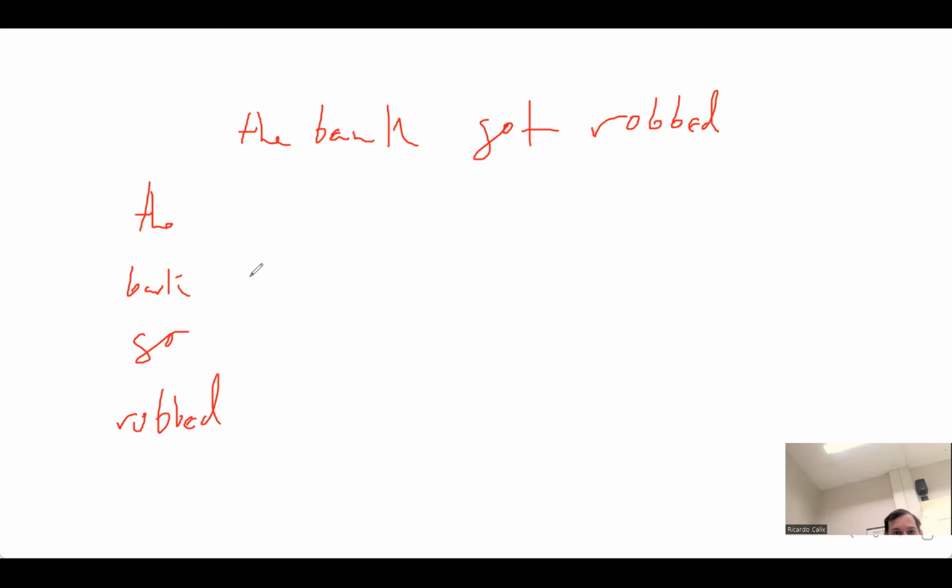So here then, what's important is it pays attention to the two things, robbed and bank. Why is that important? Because once again, it's looking at the word bank as a target. Before we were looking at bank from the context of river. Now we're looking at bank from the context of robbed. Two different meanings of the word bank.